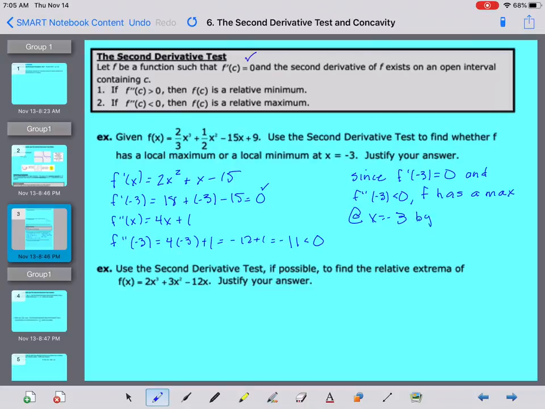And I could say by the second derivative test. And that's kind of how we use the second derivative to determine max and min.